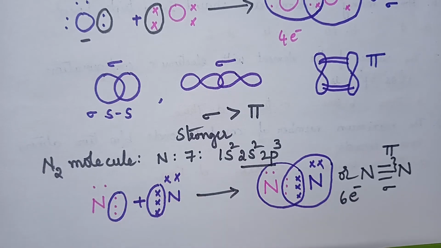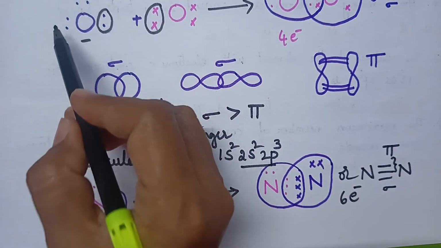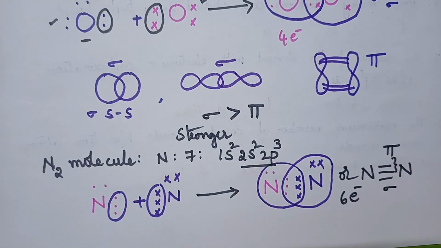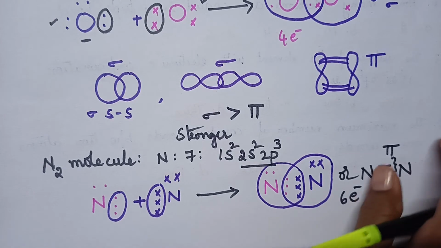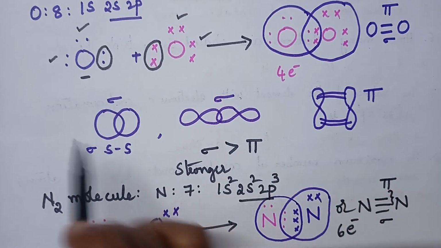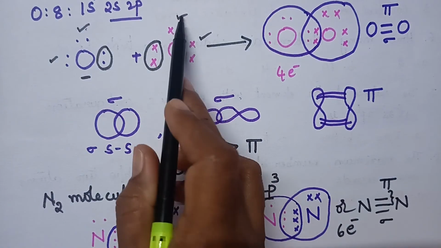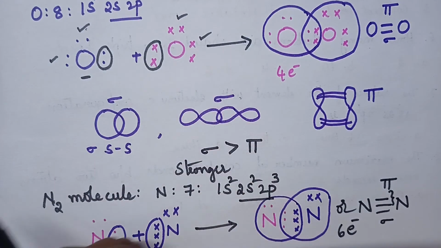And always remember that the electrons which are not participating in the bond formation are called lone pair of electrons. So, in the case of the nitrogen atom, how many lone pairs of electrons are present?